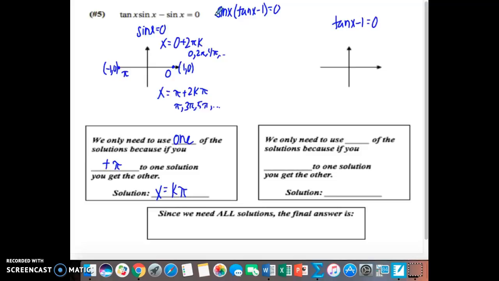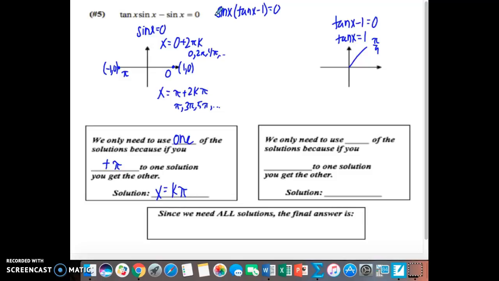Looking at the second part, tangent of x minus 1 equals 0, we first need to solve for tangent of x, so tangent of x equals 1. And from a previous example, we know that the value for x that gives a tangent value of 1 is pi over 4.